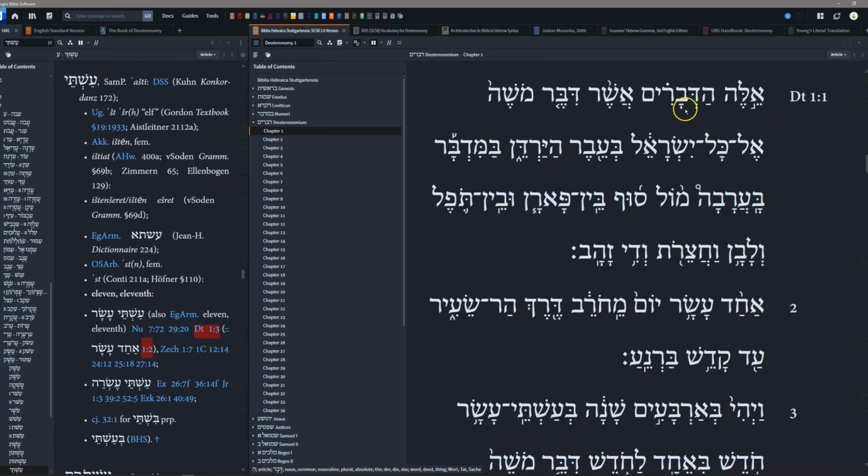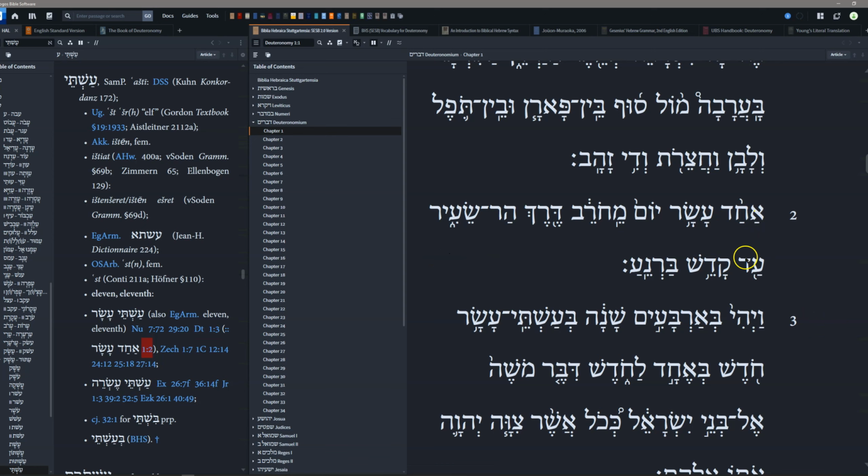These are the words which Moses spoke to all Israel in the land opposite the Jordan, in the wilderness, in the desert, in front of Suf, between Paran and Tophel, and Laban and Hazeroth and Di-Zahab. So this is sort of setting up background context.